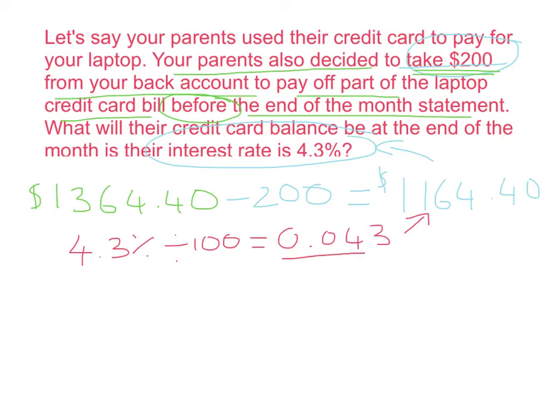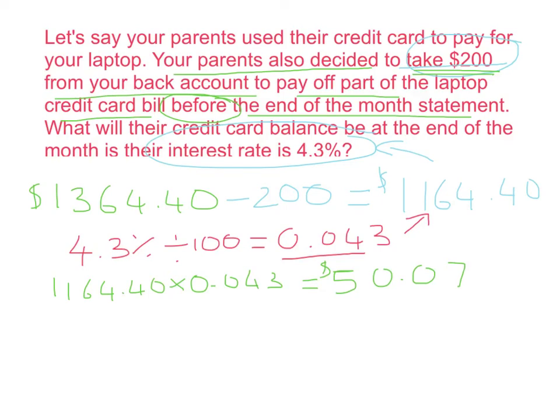And so if your amount on your credit card is $1,164.40, I multiply that by 0.043, and I end up with $50, and again, if you round it, it's going to be $50.07. That means during that month, this is how much interest I was charged.